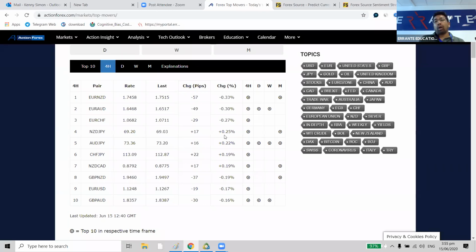If you stick with one pair, it's far too risky, because we are supposed to trade what the big boys are trading. We are not supposed to trade what we like to trade, because in forex, the market is moved by the big boys. The big boys are making the trend.